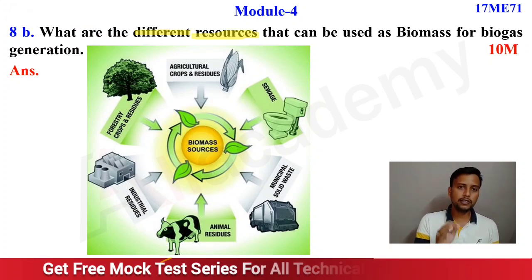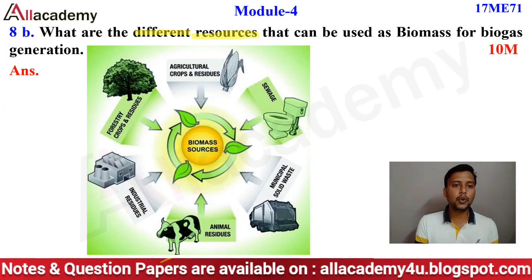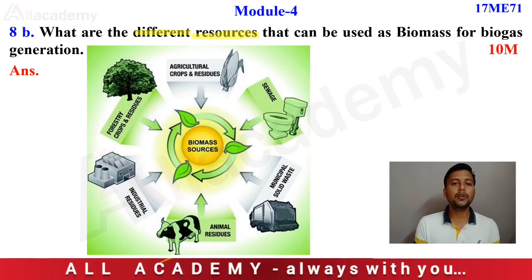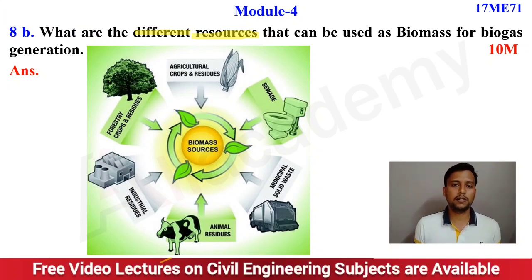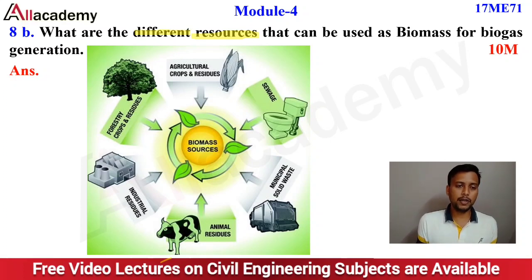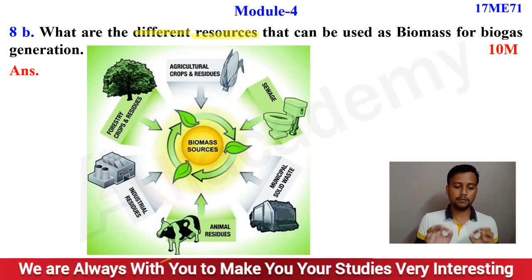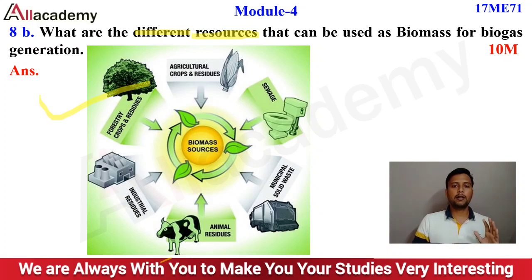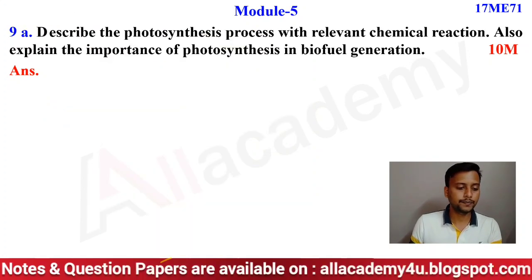But many students have written the fixed dome type or floating dome, different types of biogas plants. For those things you won't get marks, only one or two marks, only that you have written something. Based on courtesy, they may give 1 mark. But those who have written all these things may expect a good number of marks.